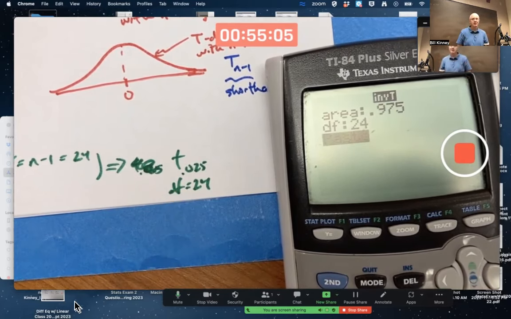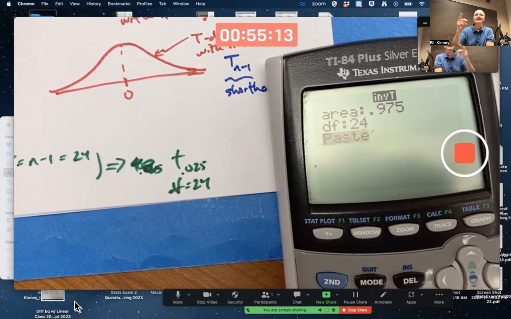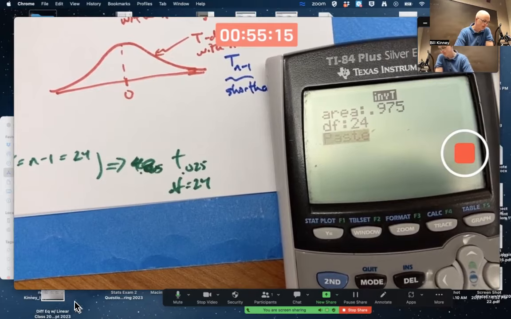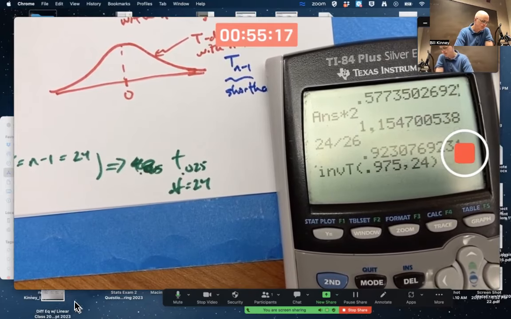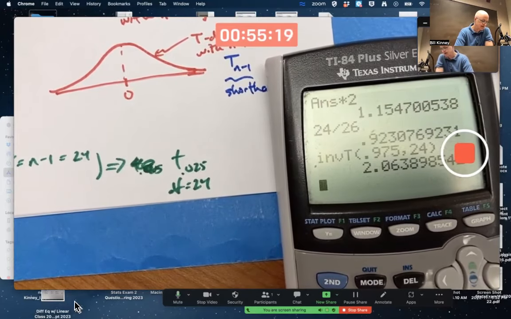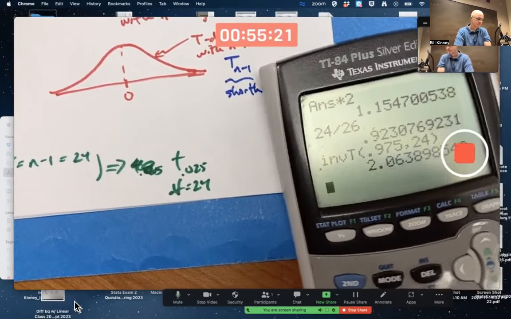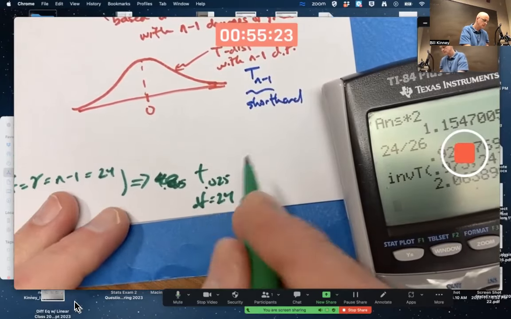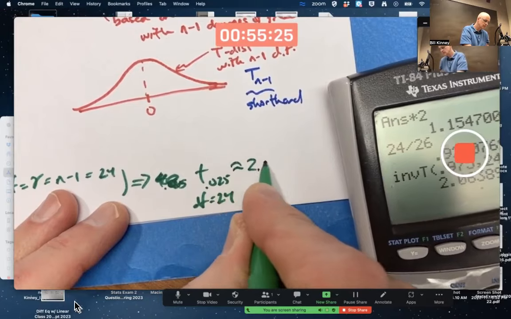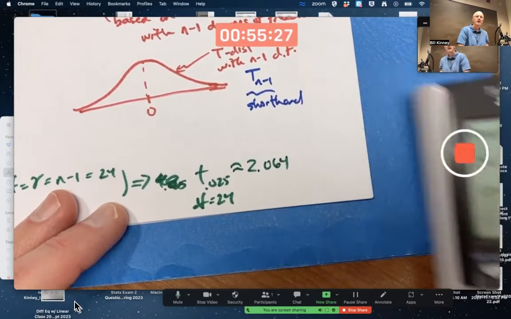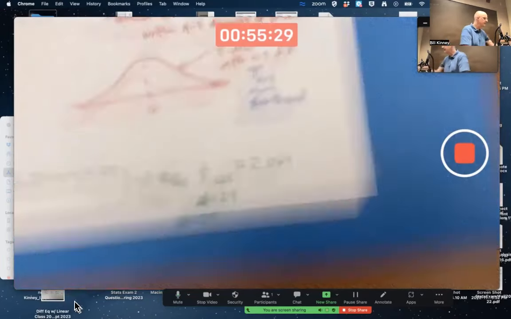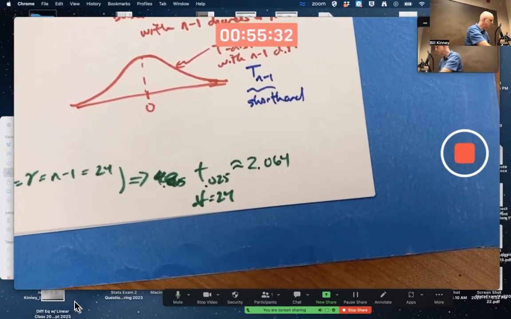It should be bigger than 1.96. For the given level of confidence, 95%, the t value should be bigger than the z value. 2.064.